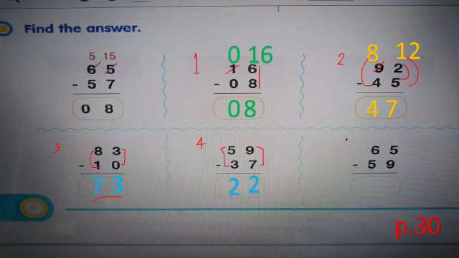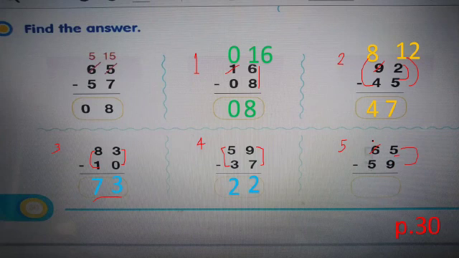The last one, number 5, 65 minus 59. We start from the ones. 5 is less than 9. So we cannot subtract 9 from 5. We can take from the tens 1 ten.